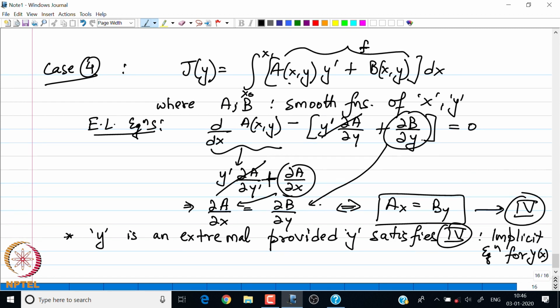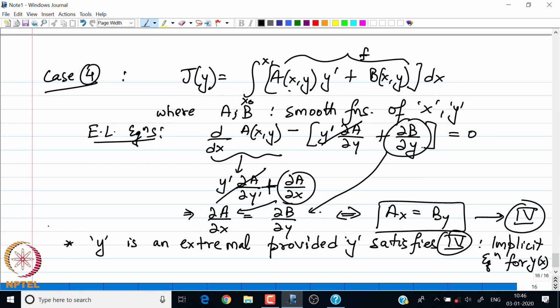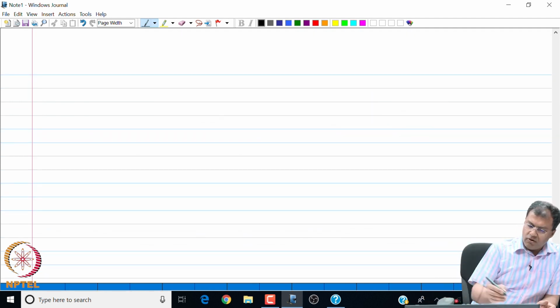So, let me call this case 4a, where if this holds, then 4 needs to be satisfied. We could also have another case. Let me put a big OR and move on to the next slide. We could have another case.